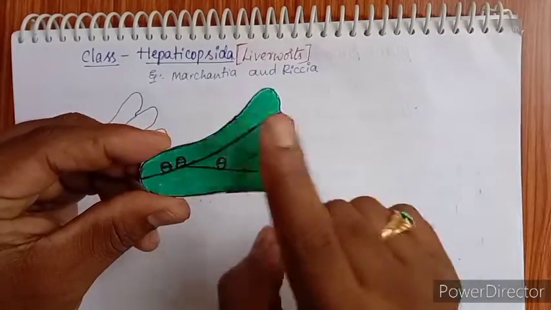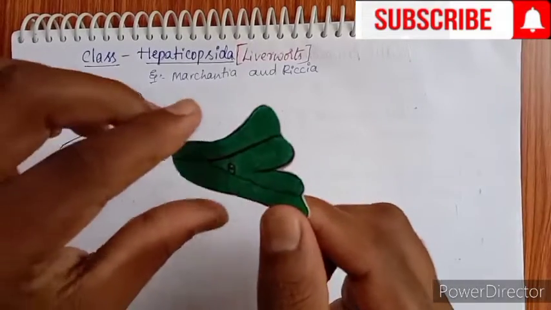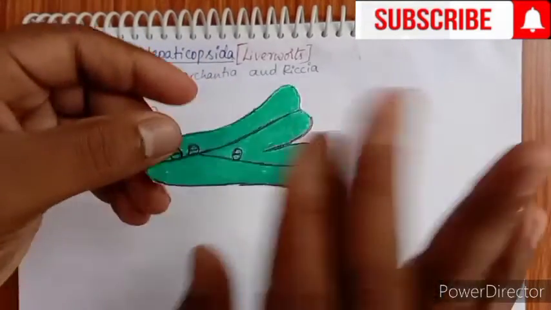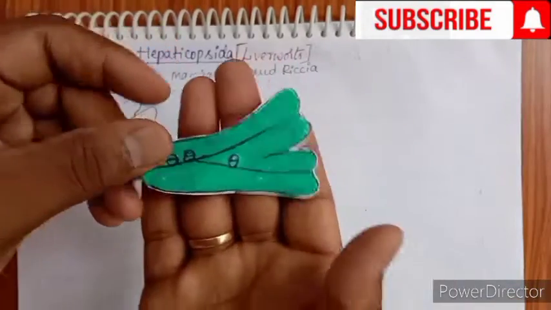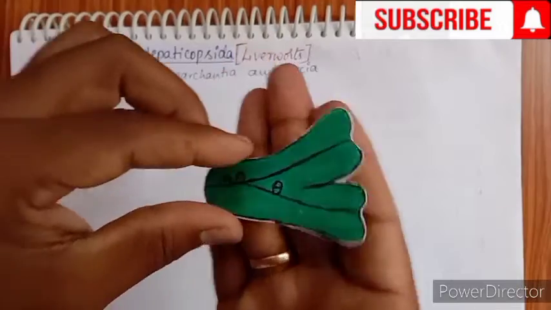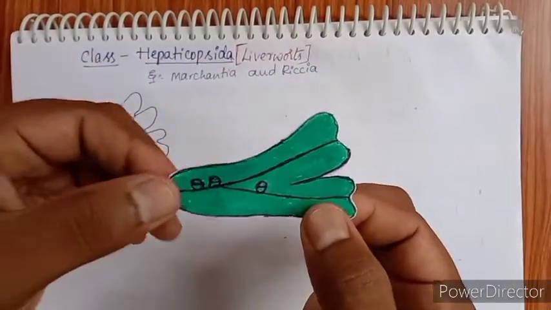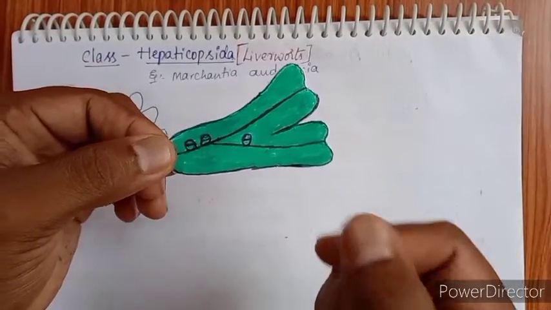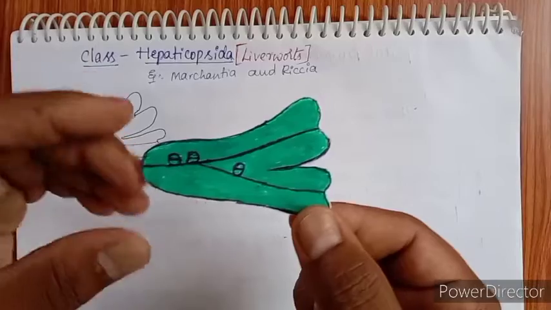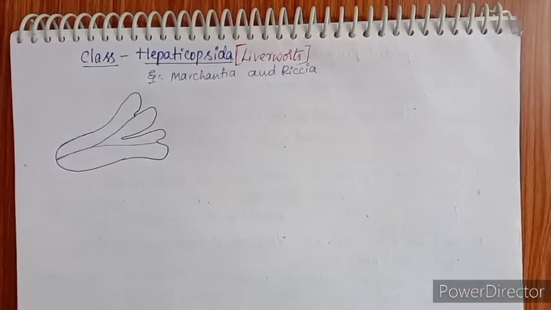This is the dorsal surface and this is the ventral surface. It appears like a leaf, flattened both dorsally and ventrally, on the upper side and lower side. This is the plant body, dorsiventrally flattened.